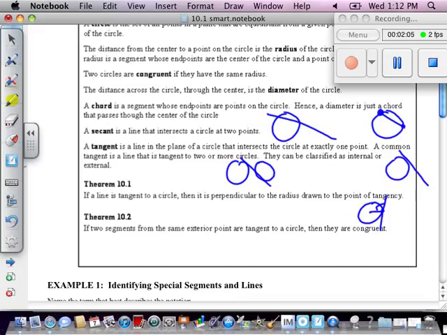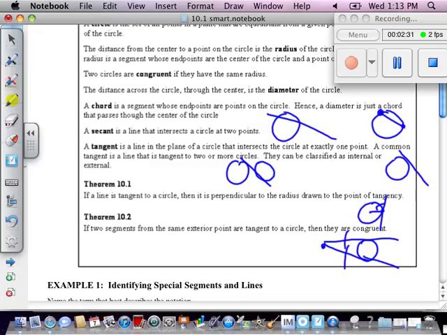If 2 segments from the same exterior point are tangent to a circle, then they are congruent. So if we have a point and a circle, 2 lines that are tangent to the same circle, these 2 must be congruent. If a line is tangent to a circle, it must be perpendicular to a radius.